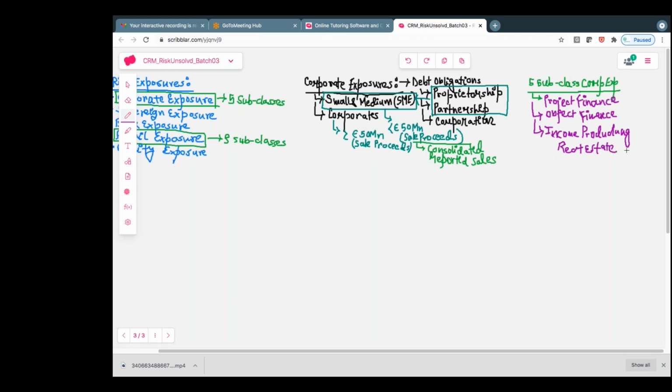So these are three broad types. One is the income producing real estate, the other is the object finance, and third is the project finance.